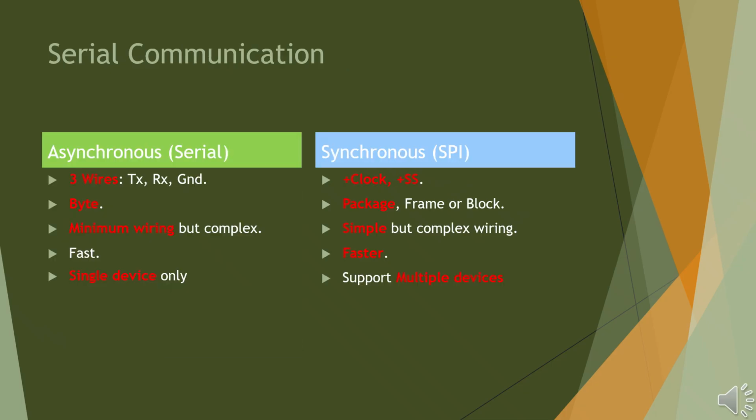Serial communication can be broadly classified into two main types: asynchronous and synchronous. The difference lies in how the sender and receiver coordinate timing during data transmission. In asynchronous communication, there is no separate clock line. The devices rely on a common understanding of timing set by the baud rate, for example, 9,600 bits per second. Each data frame includes start and stop bits to mark where the transmission begins and ends.